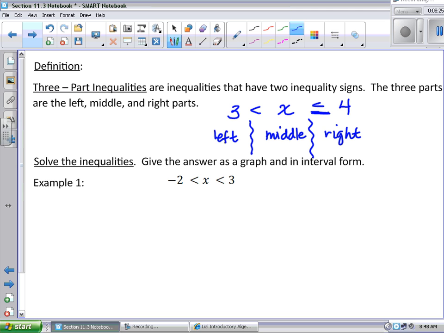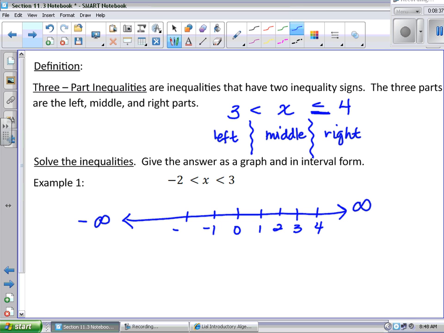When we give our answer to a three-part inequality, we're going to draw our number line and label some of our numbers on the number line. Now when I look at the inequality, negative 2 is less than x is less than 3, x is in the middle, so we're going to shade in the middle of negative 2 and 3.